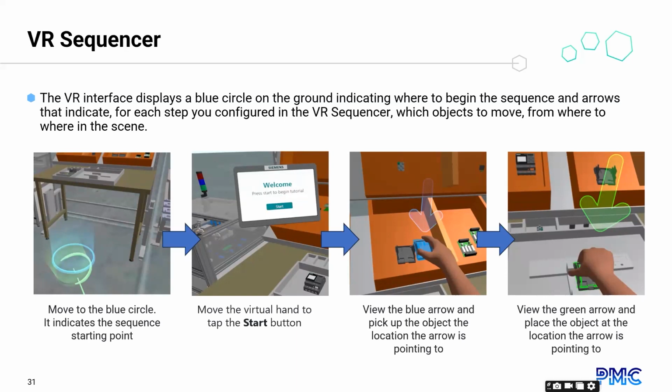Whenever a step is completed, the tablet updates and shows the next step to be taken. You must follow the instructions for all these steps, and when we finish, the tablet will show the time it took you to complete this whole assembly.